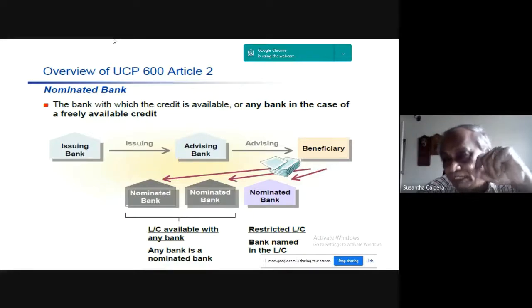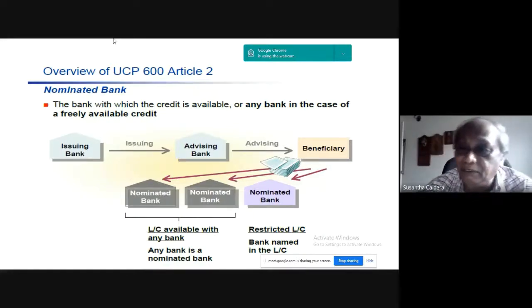What they do is, when they receive the LC, against the LC they get pre-shipment advances from the nominated bank and spend that money, and now they have other cash flow issues. Then they know once they give the documents, the money will come to the nominated bank, and before they give the money to the beneficiary, they will recover their outstanding.